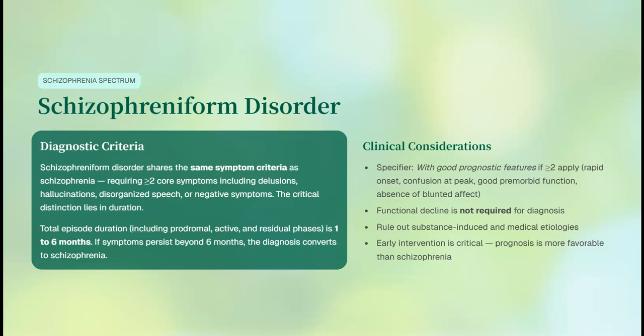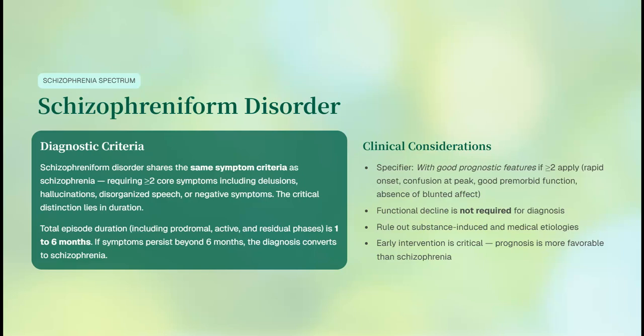So you have to get the durations down. The symptoms last 1 to 6 months total. If it goes beyond 6 months, it becomes schizophrenia. So schizophreniform is like schizophrenia, but it's not going to last beyond 6 months. That's a key difference: duration.